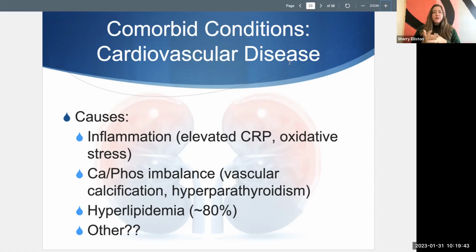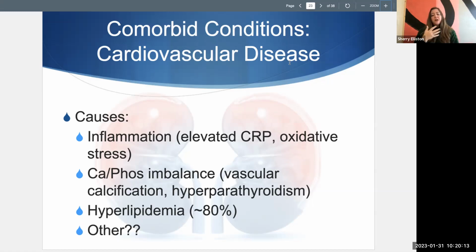Cardiovascular disease can be caused by inflammation, because there's this inflammatory process occurring. Also, because the kidneys are so important in regulating calcium and phosphorus balance, when they are chronically imbalanced, that can cause what we consider vascular calcification, and then hyperparathyroidism.